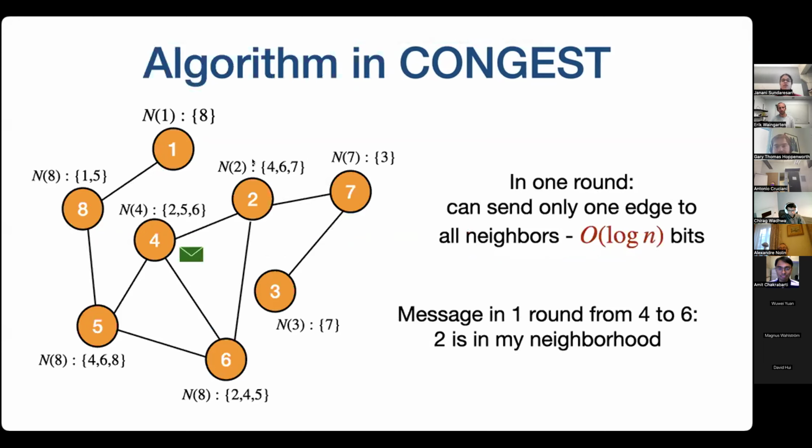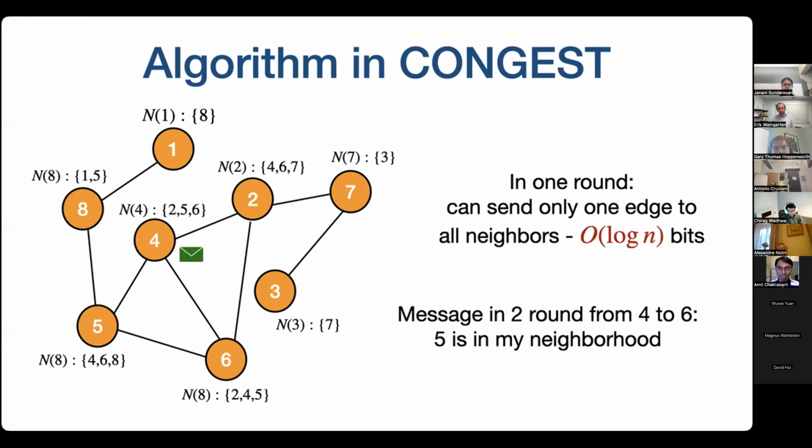So let's see what you can do in the CONGEST model we defined with this upper bound of order log n on the length of the messages. So you can still try to send your neighborhood to your neighbors, but you're just going to use many rounds to do it. So in one round, let's say this vertex 4 is trying to communicate its neighborhood to vertex 6. I'll only be able to send one edge.